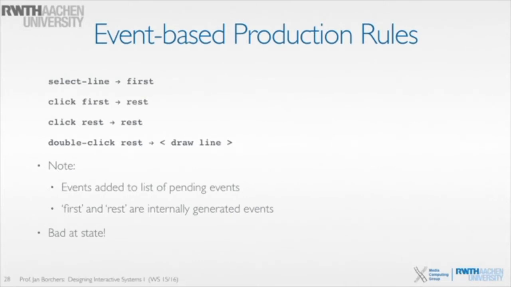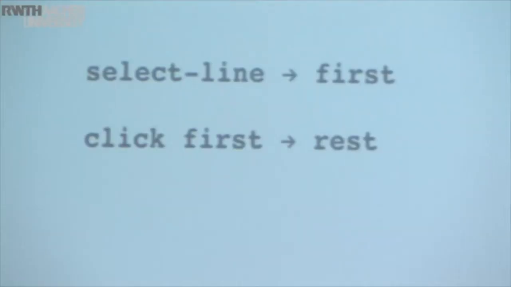We'd have a first token that's called select line. When that's available, that means that the user selected the select line command. Then we create a token that's called first. When there is a click event, and the first token is available, it was just generated by the rule above, then the second rule can fire, and it will create a token called rest, which means we can now specify the rest of the polyline.